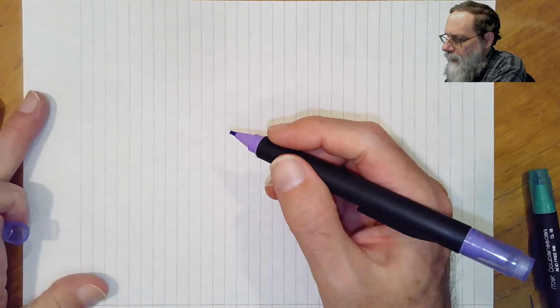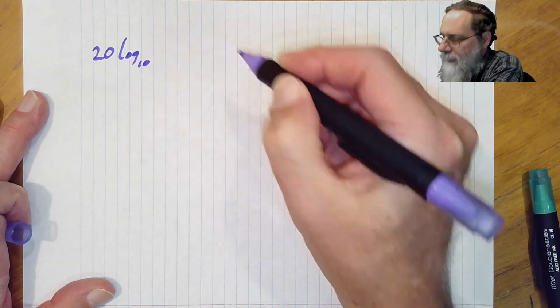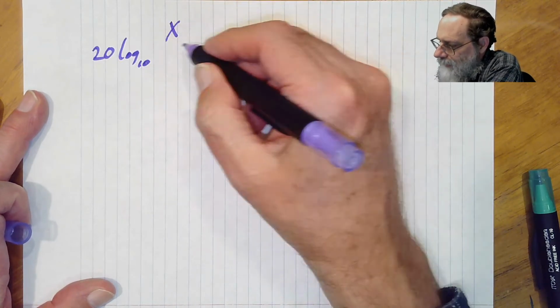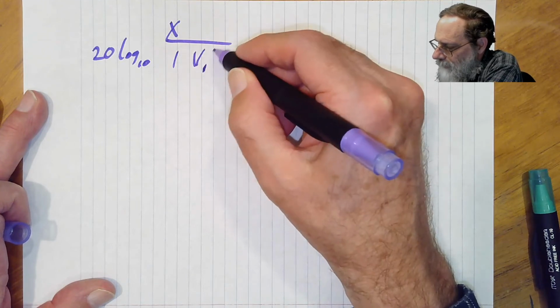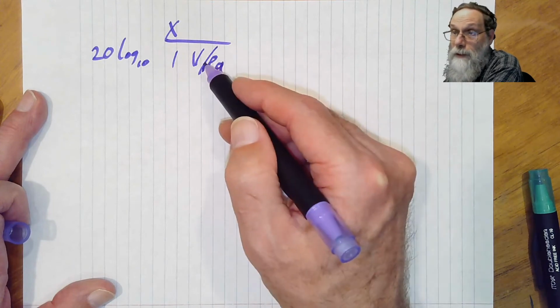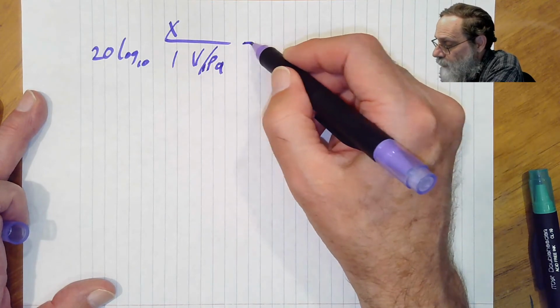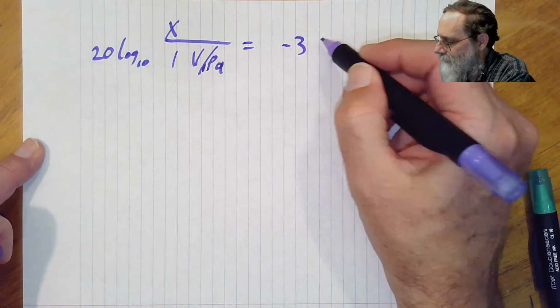We have that 20 times log base 10 of x over 1 volt per Pascal, because the 0 dB is telling us what the reference here is, equals minus 38.